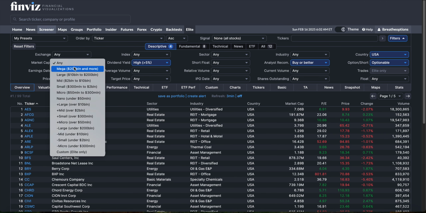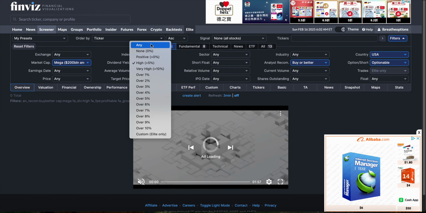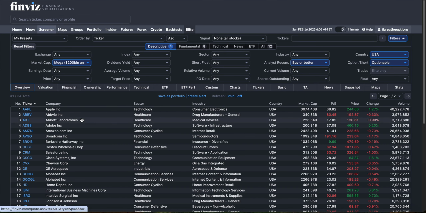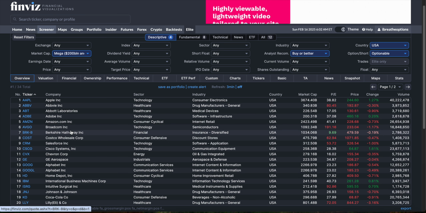But I think for mega cap, you won't go wrong because mega cap companies are quite stable. Just that the premium might not be that great in normal times because options thrive on volatility.